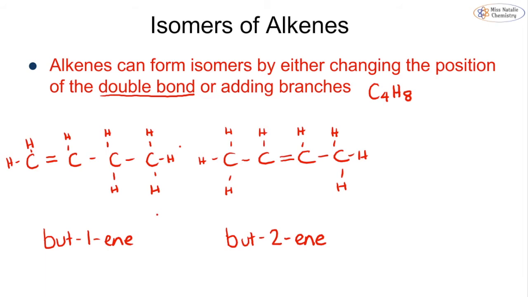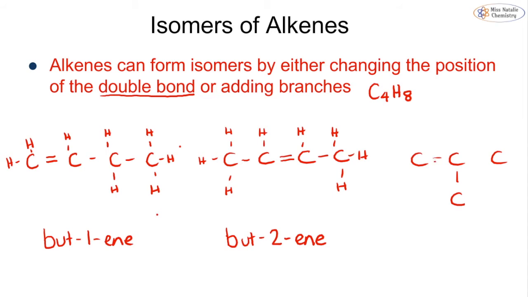Now, similar to the alkanes, not only can we change the position of the double bond, we can also add branches or side chains. So what I can do is take these 4 carbons in a row and make one of them into a side chain. So I have 3 carbons, and in the center, I have 1 carbon connected as a branch. Now, the double bond, it doesn't matter whether it goes between the first 2 or the second 2 carbons, because it would be named the same.